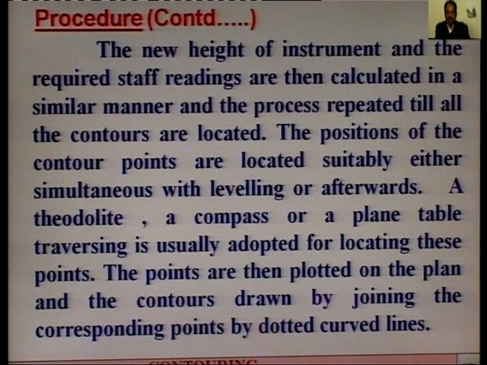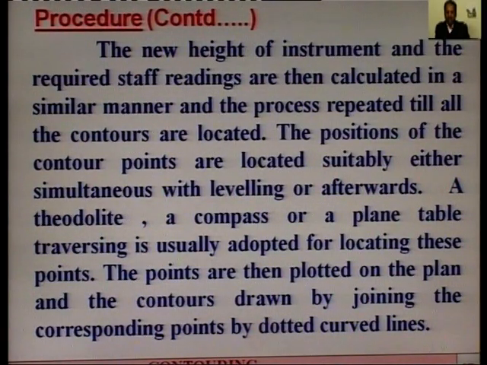The positions of the contour points are located suitably either simultaneously with leveling or afterwards. A theodolite, which is an instrument for finding angles, a compass, or a plane table, which you have also studied, can be used.